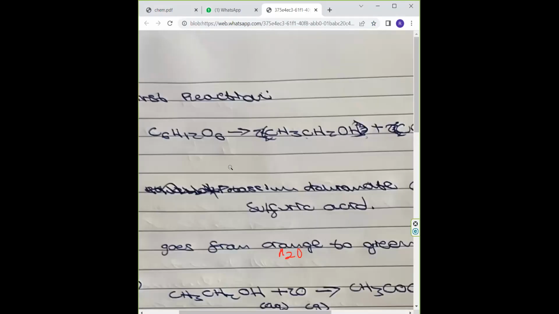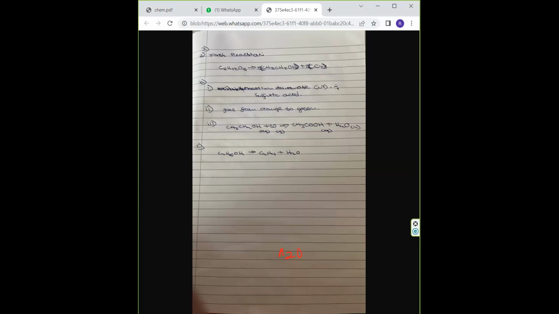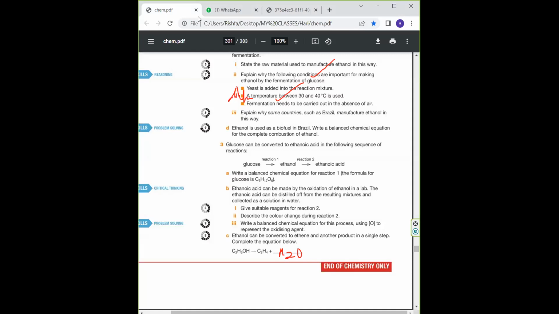And you don't put a bracket in front when balancing equation. Okay, you just put only the number. Dilute sulfuric acid. B1. Ethanol, dilute sulfuric acid, and what else? Give suitable reagents.